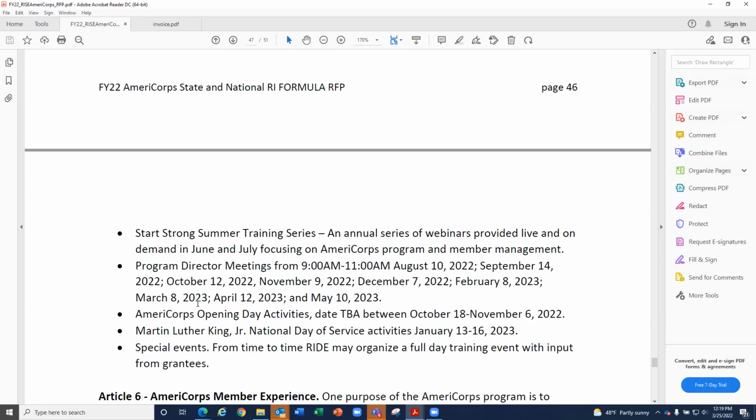These are really about setting up systems to be prepared to manage the Americorps program, to understand how to enroll an Americorps member officially into service through the eGrants system, how to do criminal history checks. It's really important information, especially for new programs, and a good refresher for all of our subgrantees.